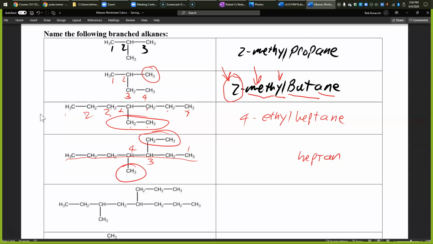So I'll do 3 and 4. So what are my side chains? There's an ethyl and there's a meth. Okay, so E comes before M alphabetically, so I'm going to say 3-ethyl, 4-methyl heptane.